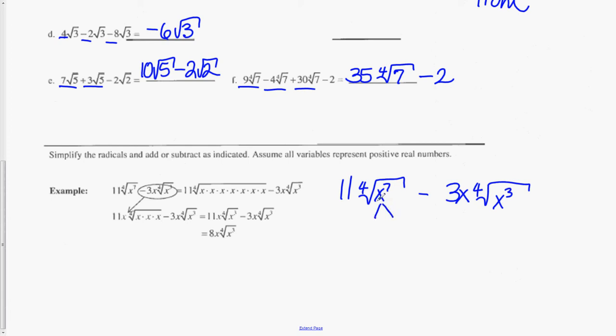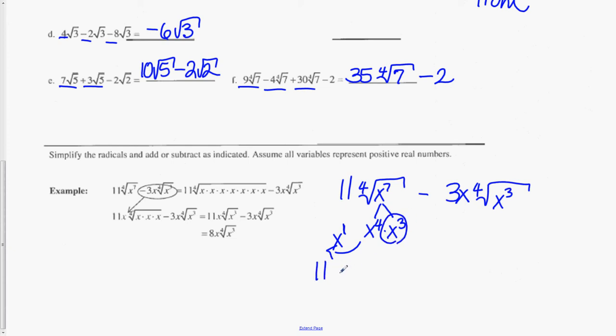So the highest number below 7 that 4 will go into would be x to the 4th. And so that leaves me x cubed left over because 4 plus 3 is 7. The fourth root of x to the 4th is an x to the 1 because 4 divided by 4 is 1. And then the x cubed will have to stay.